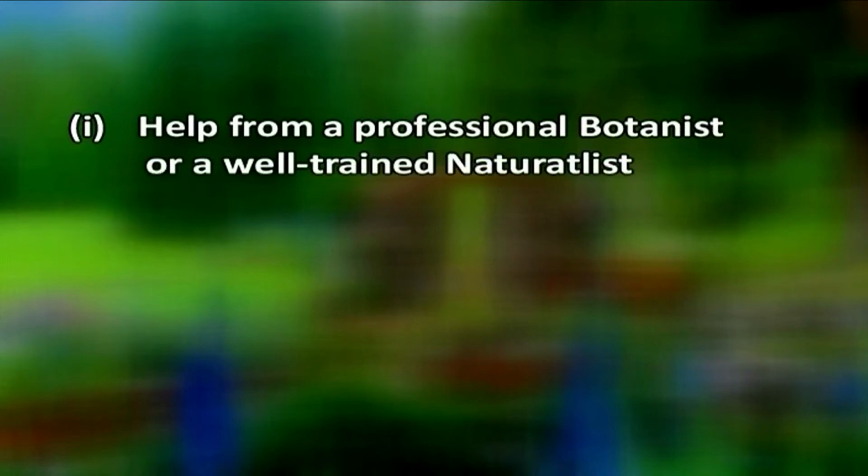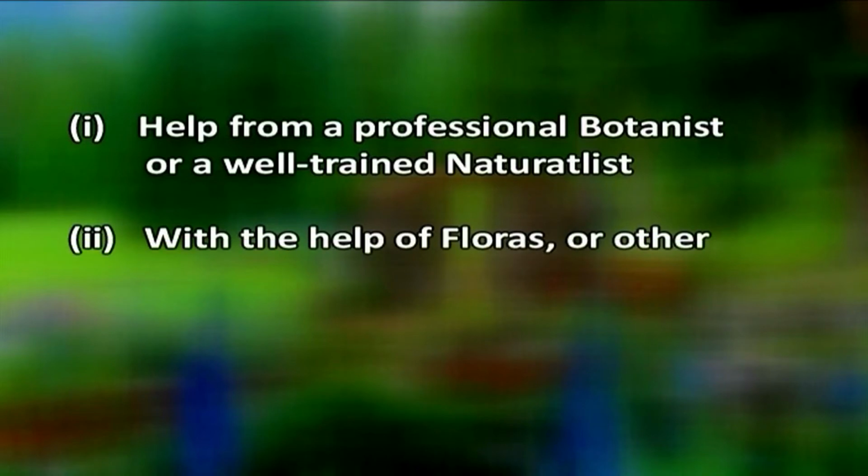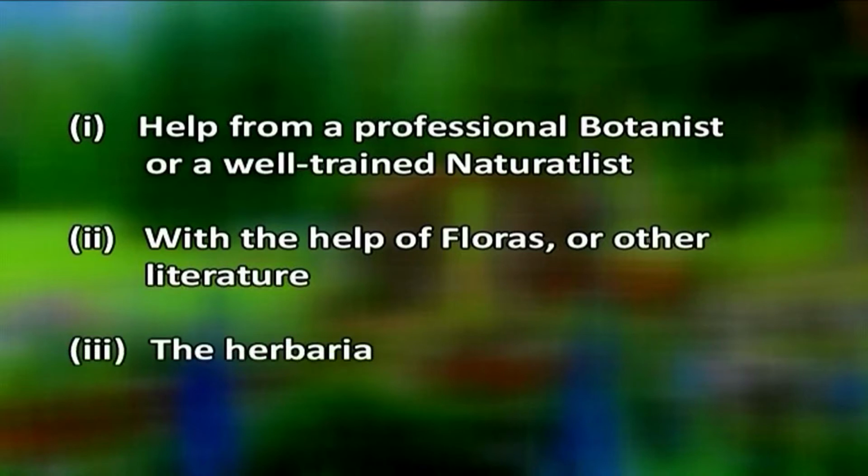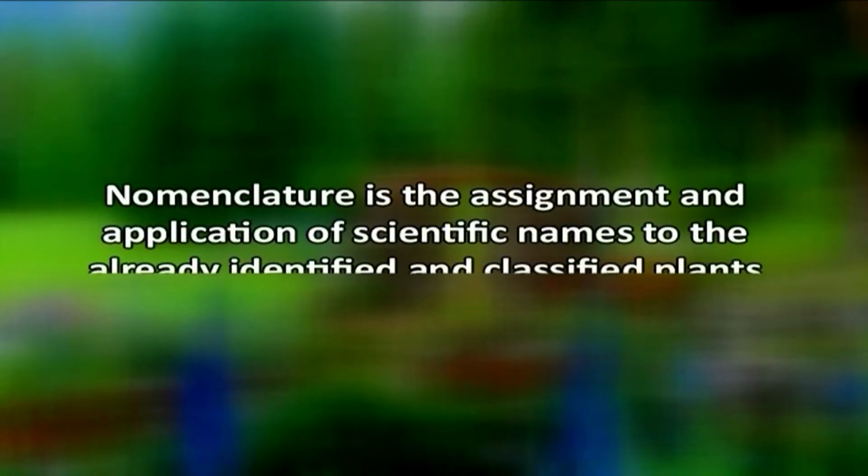These include the help from a professional botanist or a well-trained naturalist who knows the plants of a region, with the help of floras or other literature, and the herbaria. On the other hand, nomenclature is the assignment and application of scientific names to the already identified and classified plants.